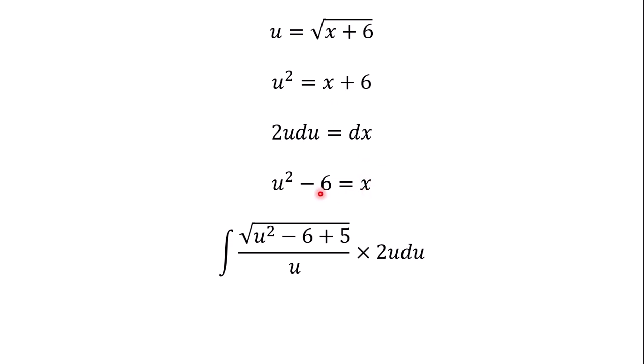So here, minus 6 plus 5 will give us minus 1. And then here we're having u, and also here we're having u, so this and this will cancel out. You're going to get 2 times square root of u squared minus 1 du.